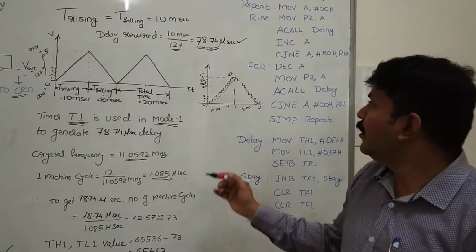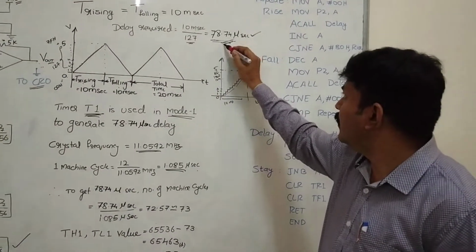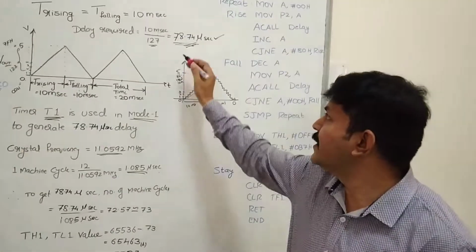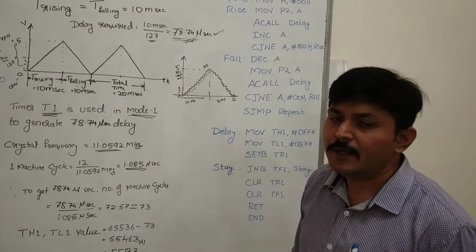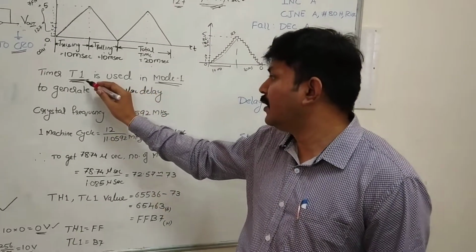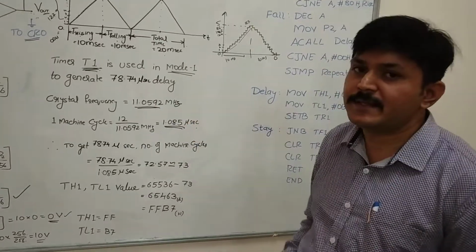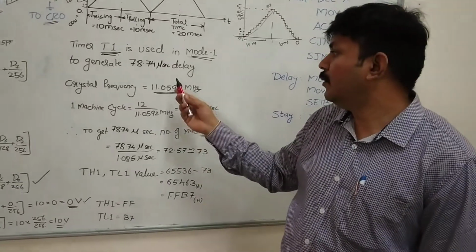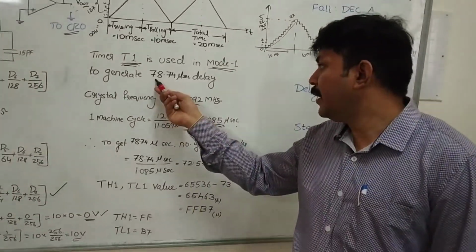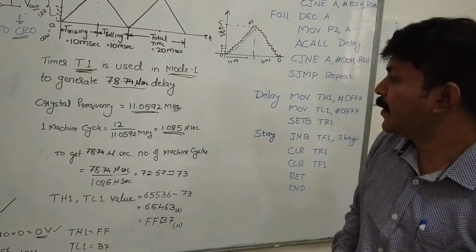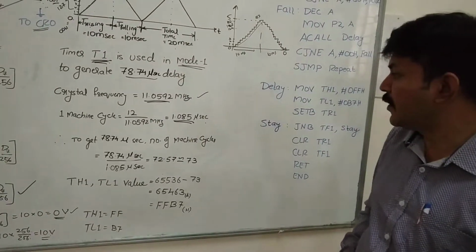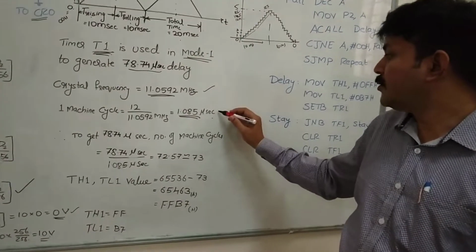Okay, now let's calculate the timer values, the TH and TL values for the delay of 78.74 microseconds. In order to calculate the values, I will be operating timer T1 in mode 1, that is the 16-bit timer. I will use 11.0592 MHz as my crystal frequency, which gives 1.085 microseconds per machine cycle.